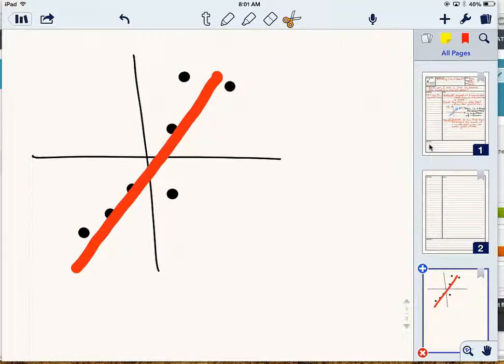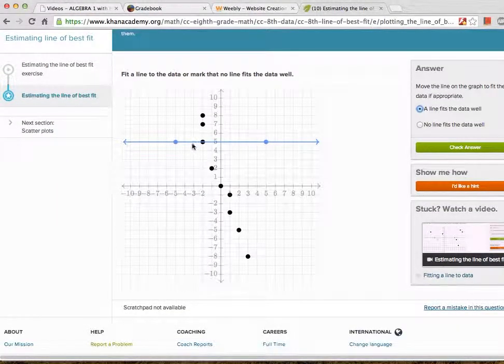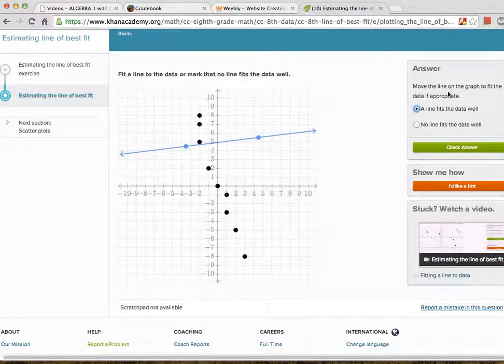We can look at a couple of examples on Khan Academy here. The way this module works is that you have these two points on the line that you are allowed to toggle and move around. The first question says, move the line in the graph to fit the data if appropriate. A line fits the data well, or no line fits the data well. It's possible that no real trend exists for this data, but looking at it, I can see that it trends downwards and to the right.